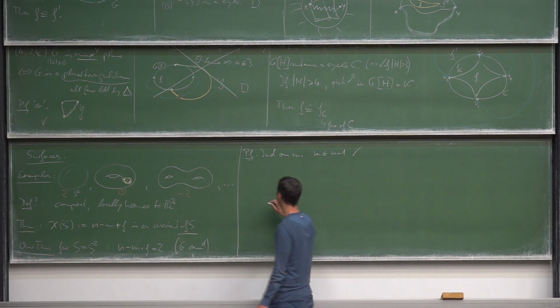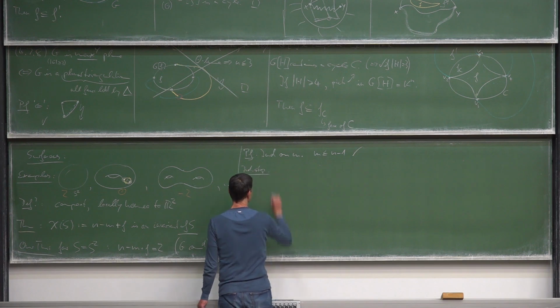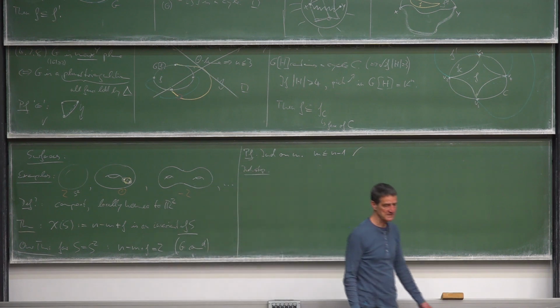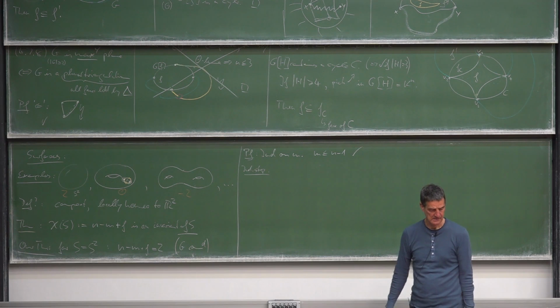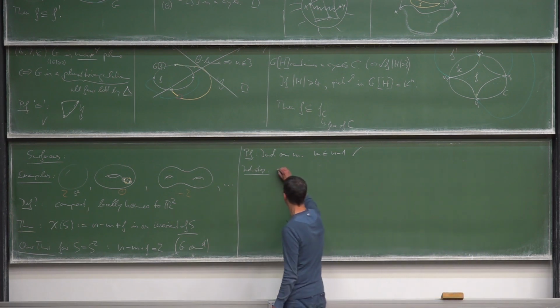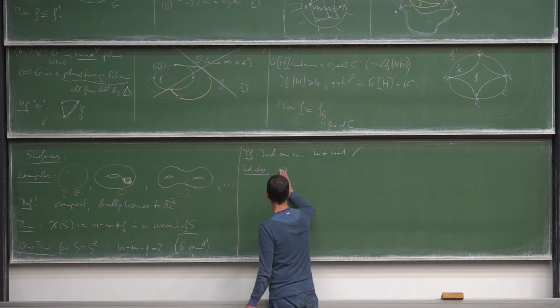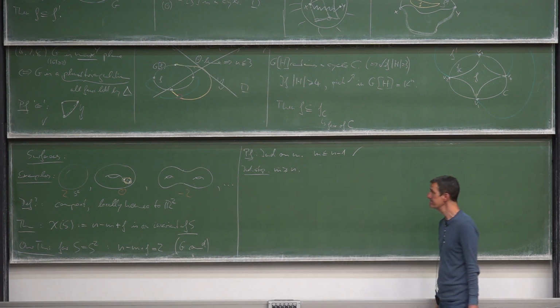So now the induction step. Now m is at least n, so it's bigger than this, and we can use the assumption for smaller n.